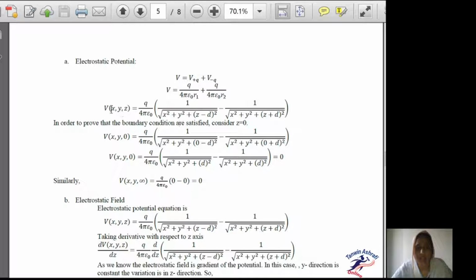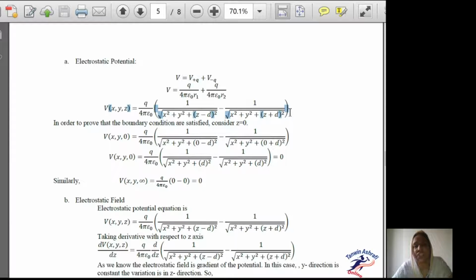Now once you find the potential equation for the problem, it is very easy to find the electrostatic field. As you know, the electrostatic field is the gradient of potential, and in this problem, in the xy plane there is no change in potential. Potential remains constant as V equal to 0.